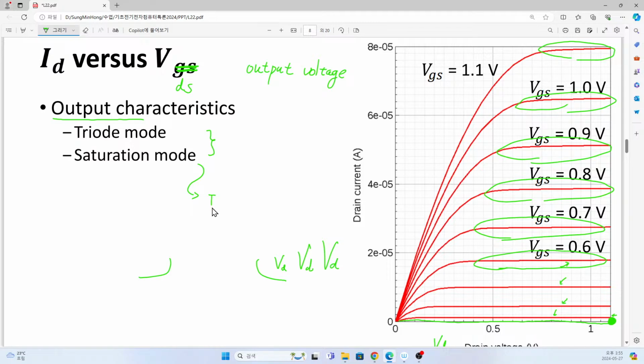I mean that in general the drain current can be a function of gate voltage and drain voltage at the same time, but in this saturation mode, actually this drain current is only a function of gate voltage when we have a sufficiently high drain voltage. On the other hand, in the case of triode mode, of course, our drain current depends on both gate voltage and drain voltage. Yes, that's clear.